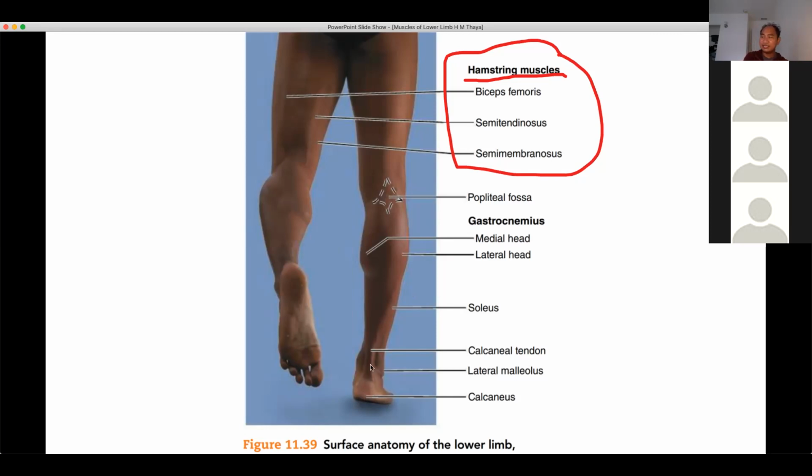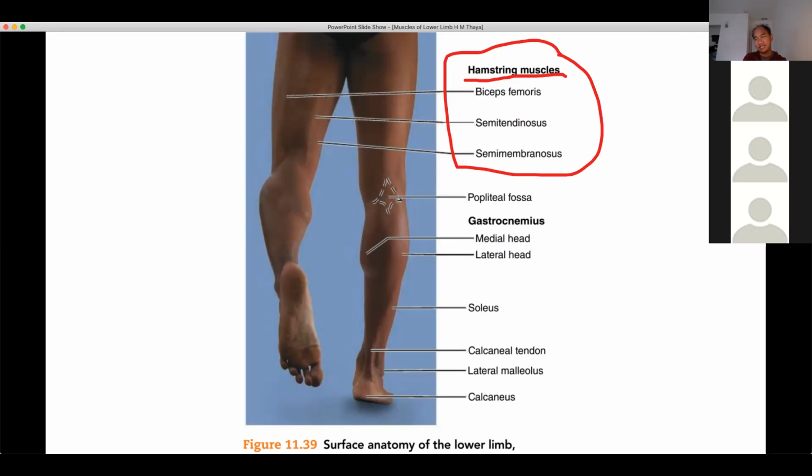The calcaneal tendon attaches to the calcaneus, medial head of the gastrocnemius, lateral head of the gastrocnemius, and soleus. So the gastrosoleus complex joins together to become the calcaneal tendon, which is what we call the Achilles tendon, tendo Achilles, TA, Achilles tendon or calcaneal tendon.